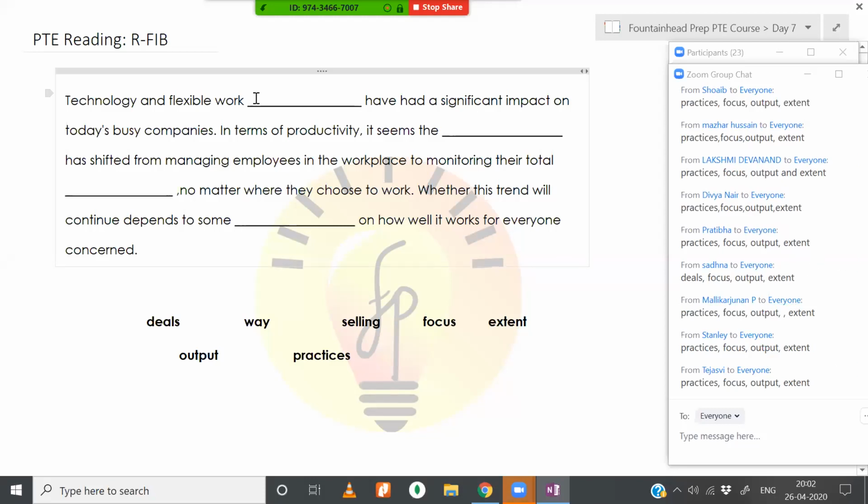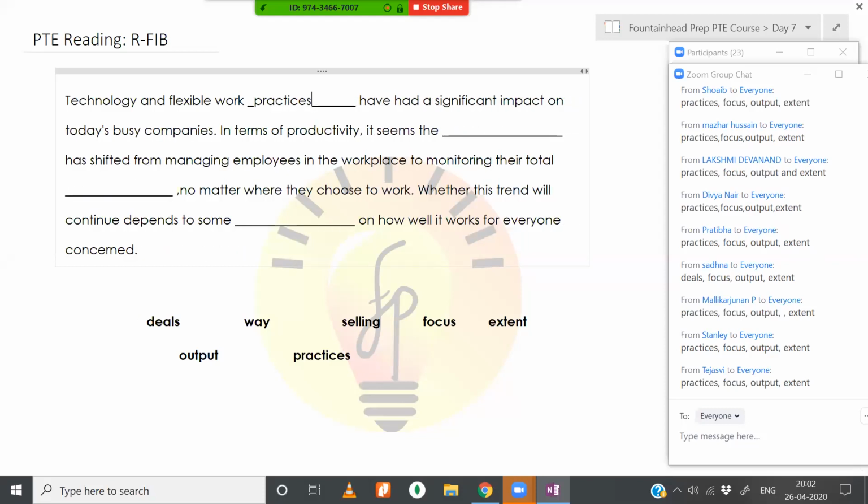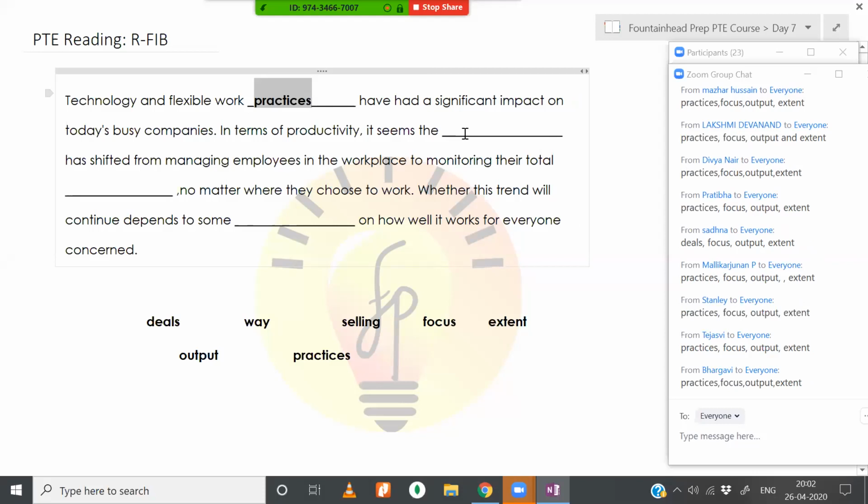Okay, super. I see a lot of you have answered all of this correctly. The correct answers: technology and flexible work practices. Work practices is a collocation. They have had significant impact on today's business companies in terms of productivity. It seems the focus has shifted. Shifting focus is again a collocation.